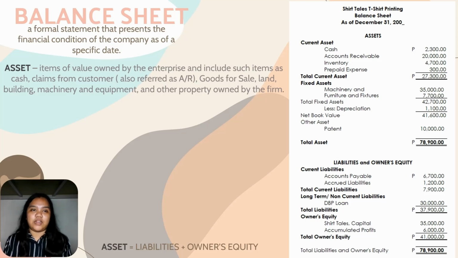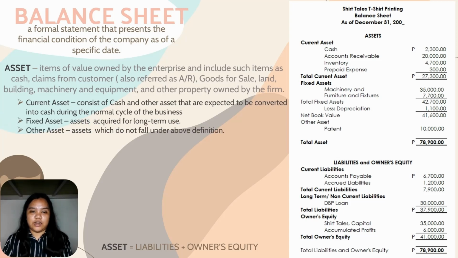Then other assets are intangible assets, which do not fall under the above definitions. An example of an intangible asset is a patent.